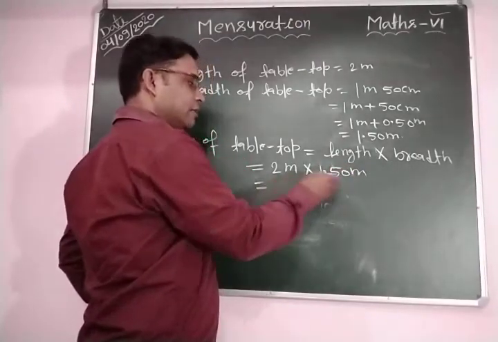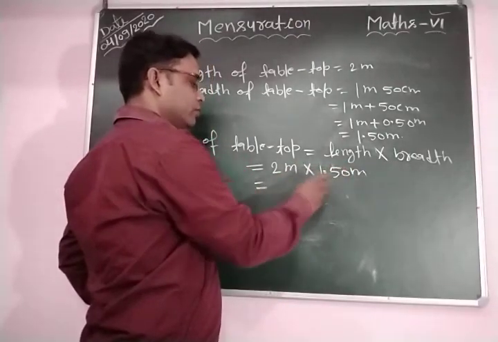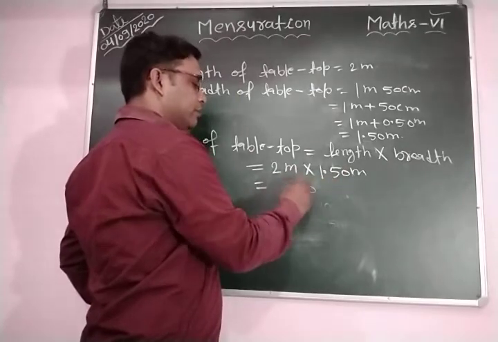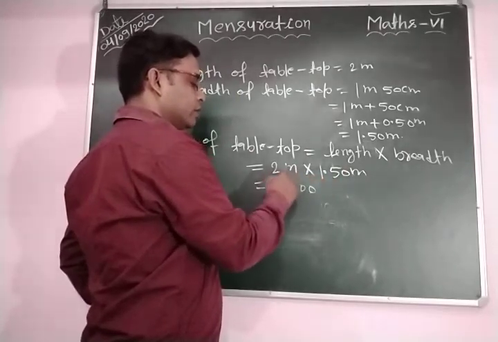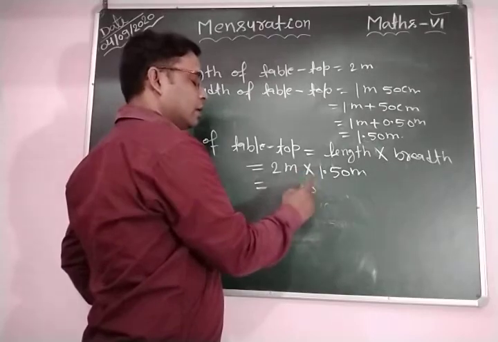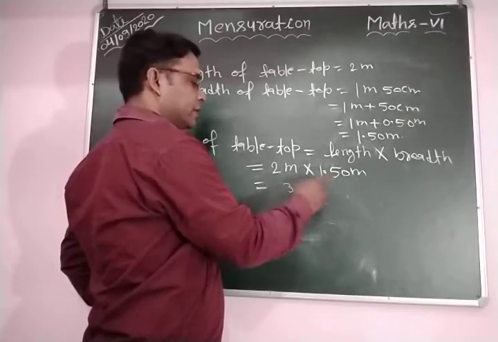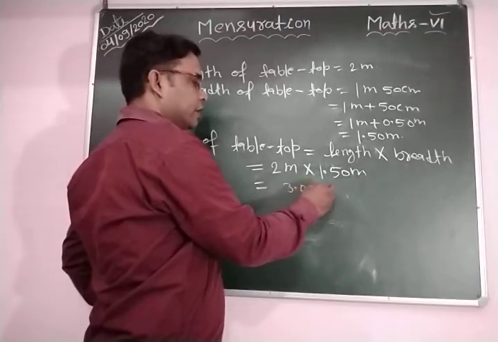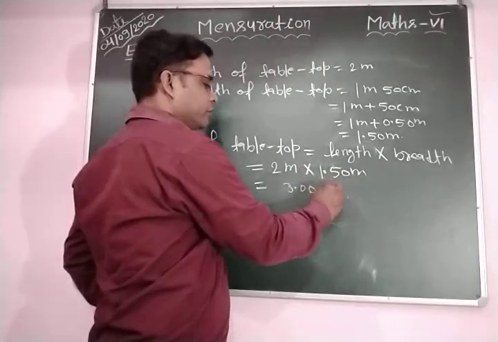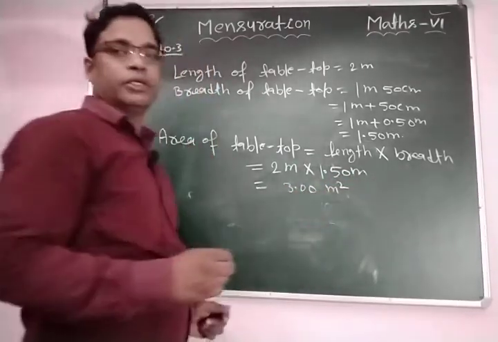If you multiply them, 2 into 0 is 0, 2 into 5 is 10, carry 1, 2 into 1 is 2, plus 1 carry is 3. After 2 digits you put the decimal, so 3.00. Meter into meter is meter square, or square meters.